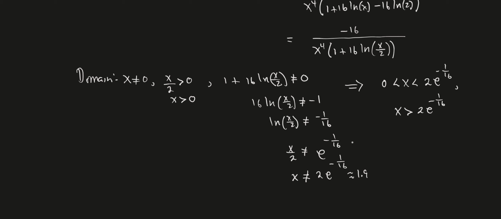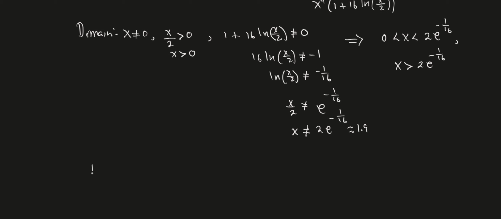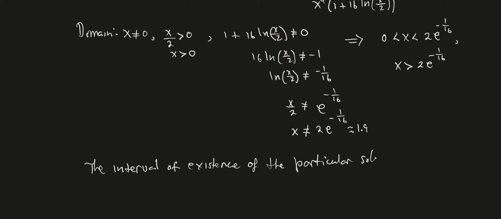So the interval of existence of the particular solution is x greater than, not greater than or equal to, but x greater than 2e to the negative 1 over 16.